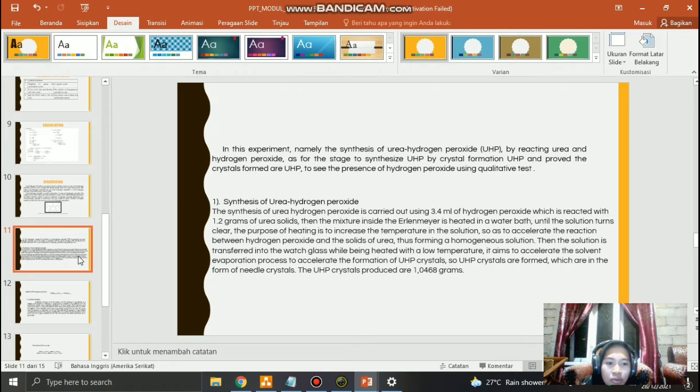It aims to accelerate the solvent evaporation process to accelerate the formation of UHP crystals. So UHP crystals are formed, in the form of needle crystals. The UHP crystal product is 1.0468 grams.